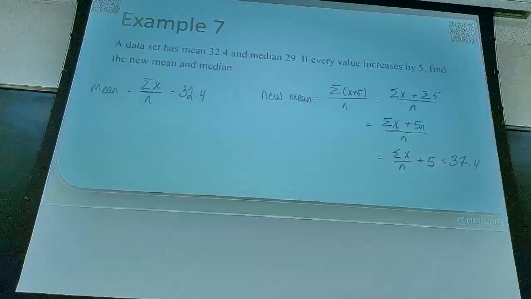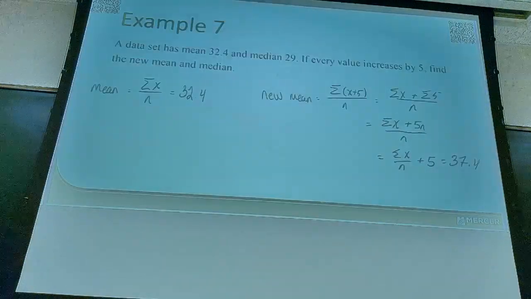Median. But now explain it. You have two possibilities. If n is odd, the middle value was 29, you're just adding 5 to get 34. That's pretty simple.